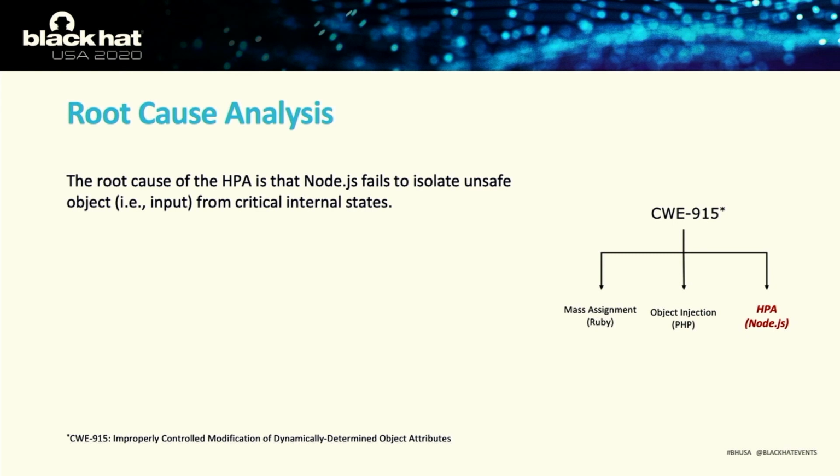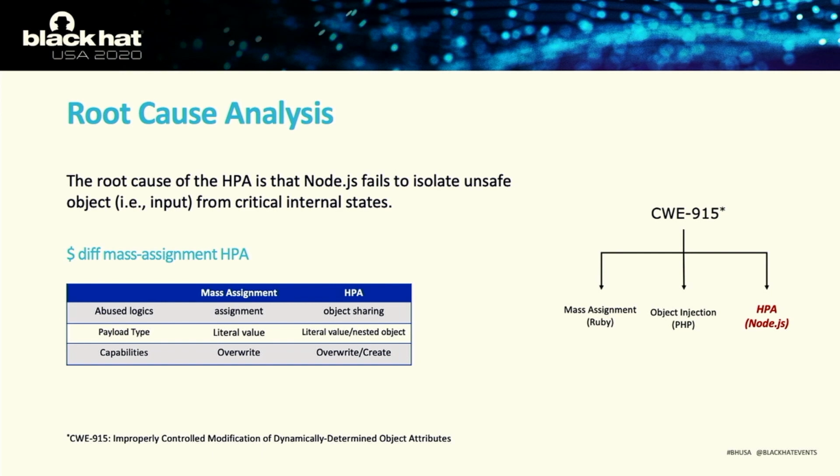As shown in the hierarchy tree on the right, there are some similar issues on other language platforms, such as Ruby mass assignment and PHP object injections. Although these variants share the same behavior feature dominated by 915, they all have their own patterns due to the language differences.